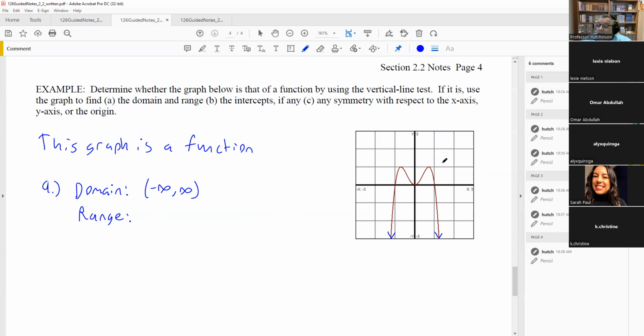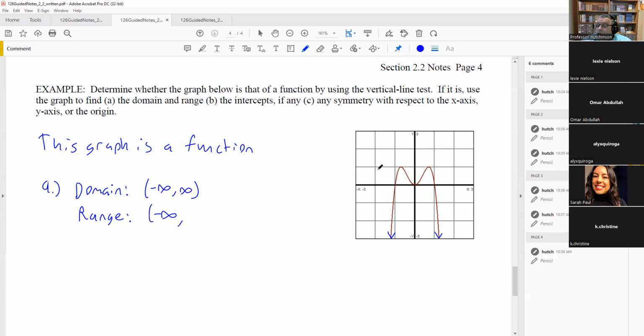Now the range, that is limited by what we see here. Certainly it keeps going down forever, so it's going down to negative infinity. So I'm going to start with that here, negative infinity. But it goes up to 1. Okay, so this is 1, 2, 3.